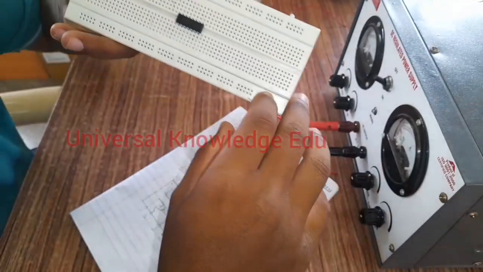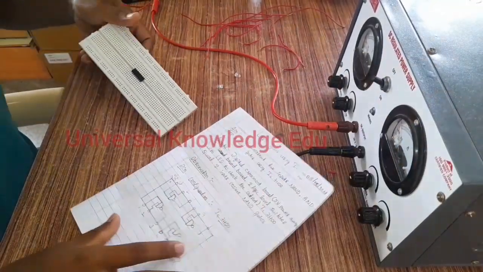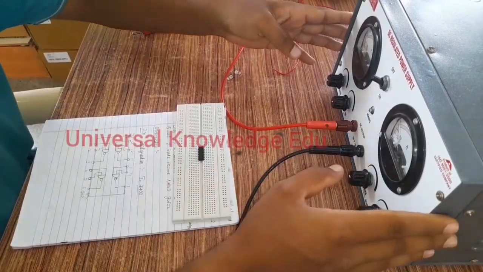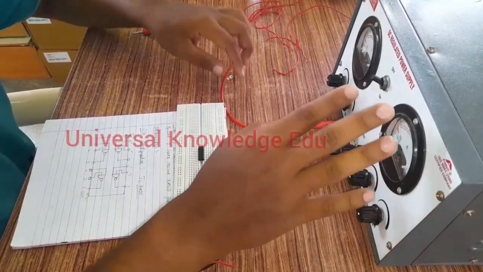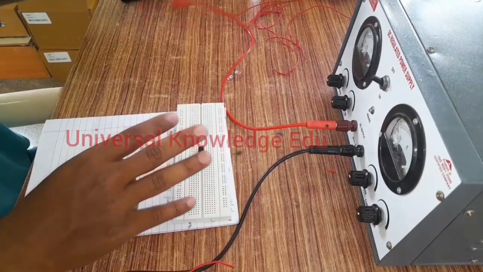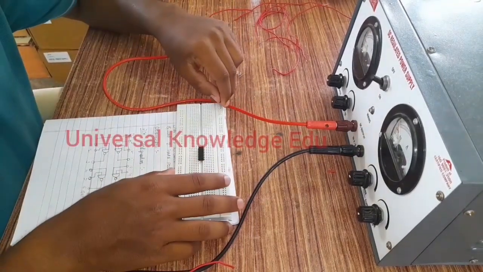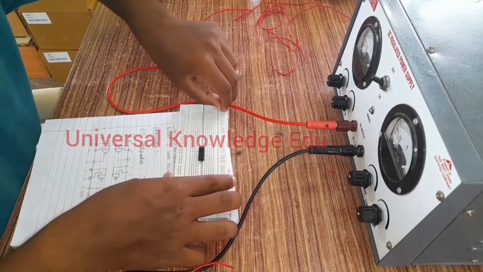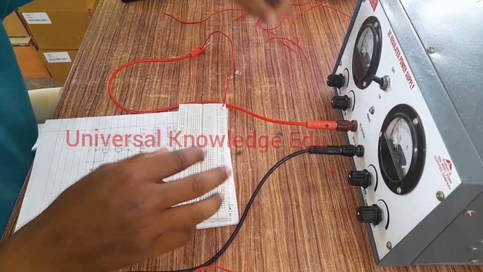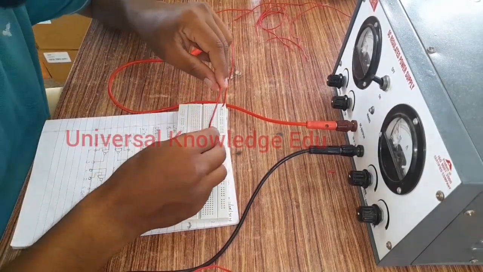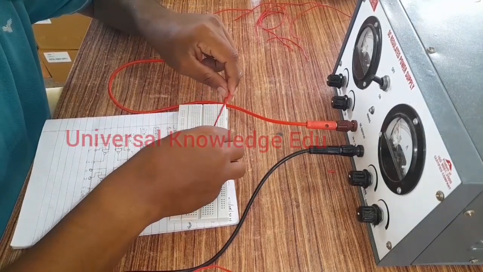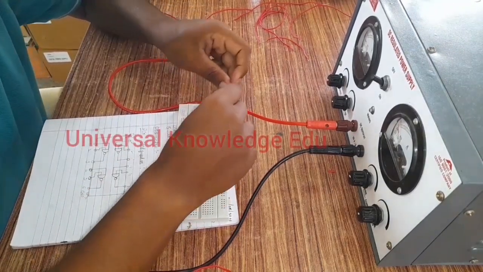Okay, let's move on to the experiment. Let's make the connection from the DC regulated power supply to the breadboard. First we connect the positive line to the breadboard, and this power goes to plus VCC. Okay, we are joining them to each other.